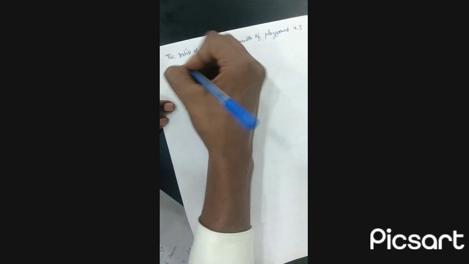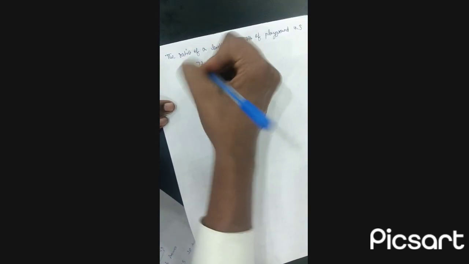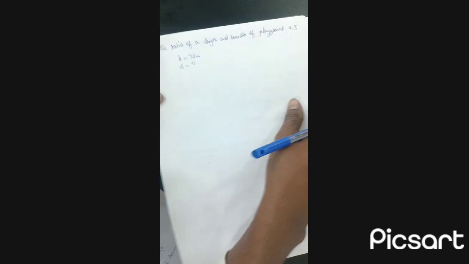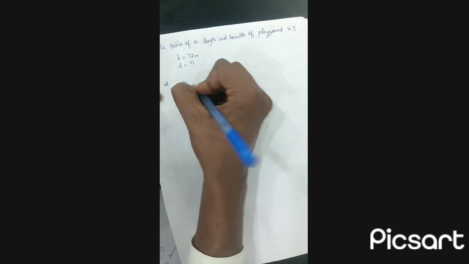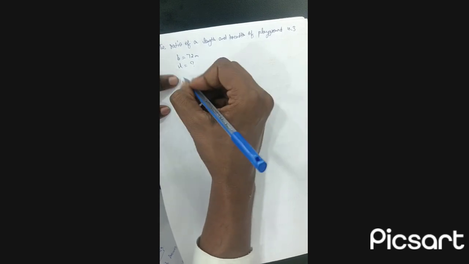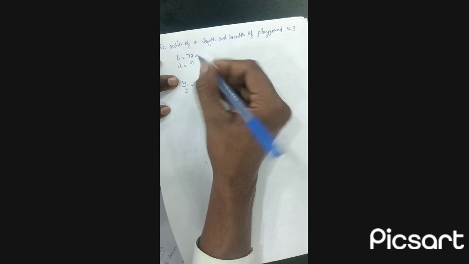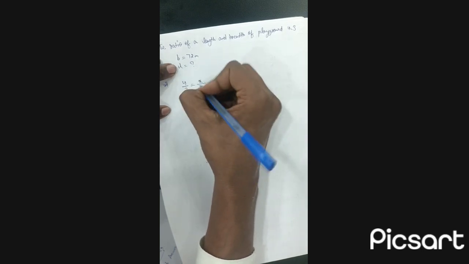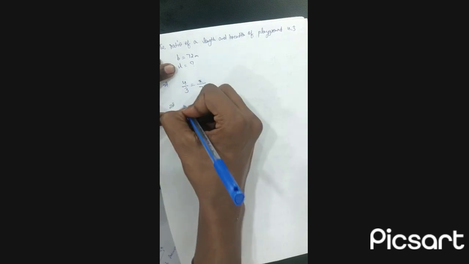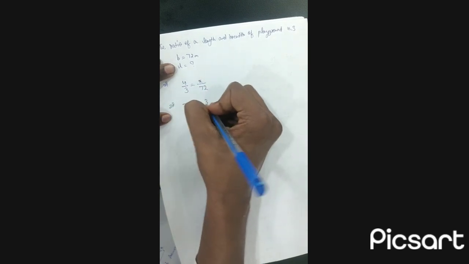If the breadth is given as 72 meters, we have to find the length. I have told you that on one side we put the ratio and on the other side the lengths. Length is not known, so let the length be x, and the breadth we know is 72.